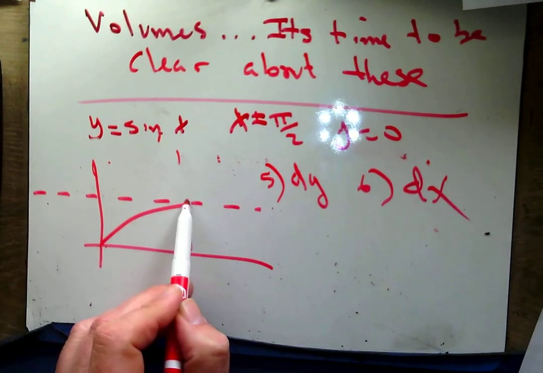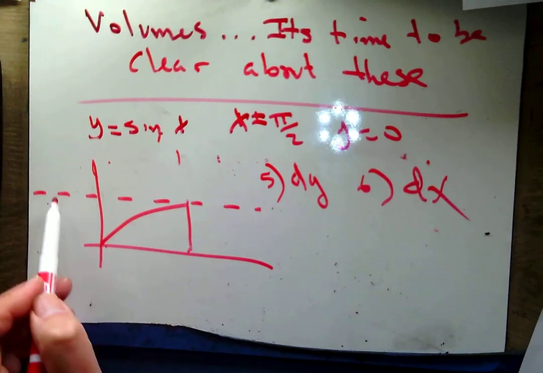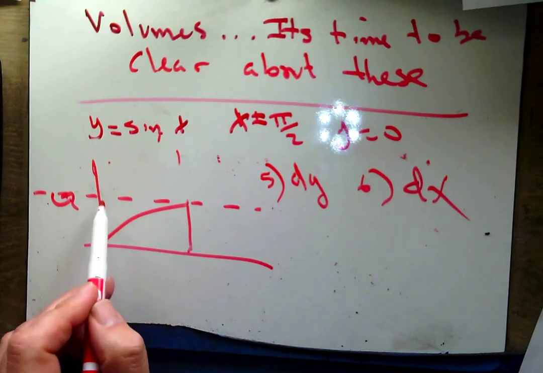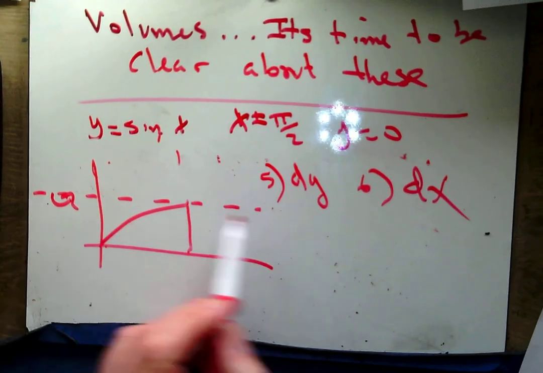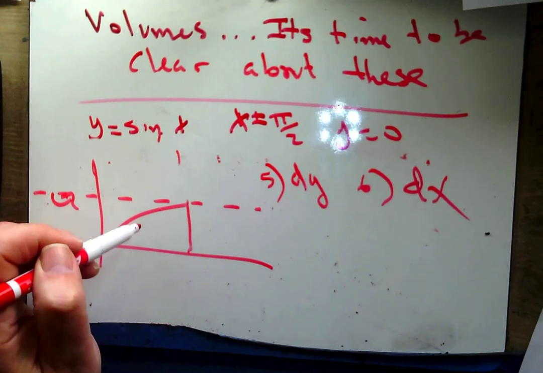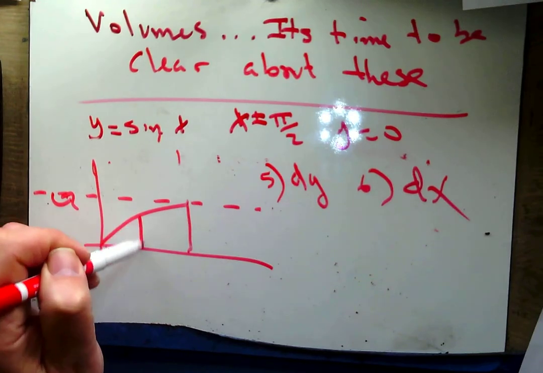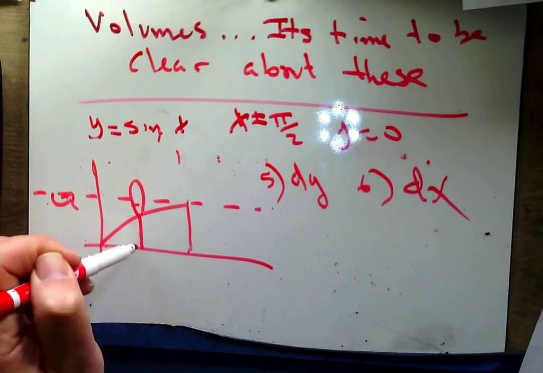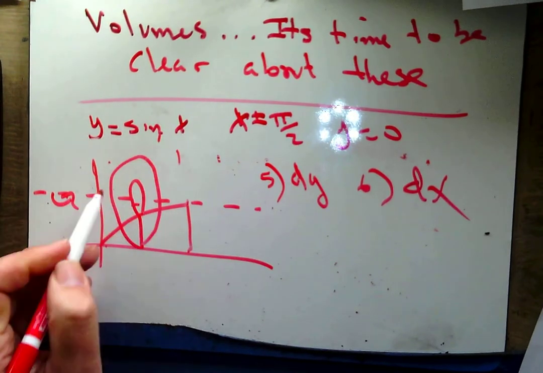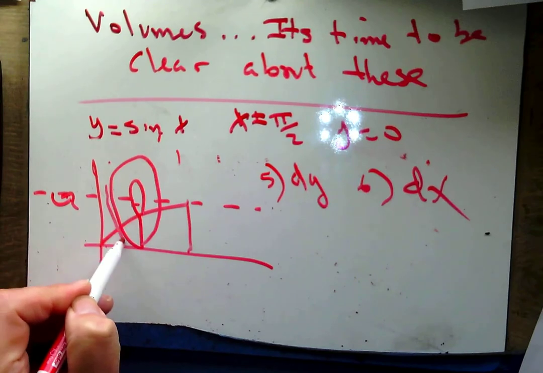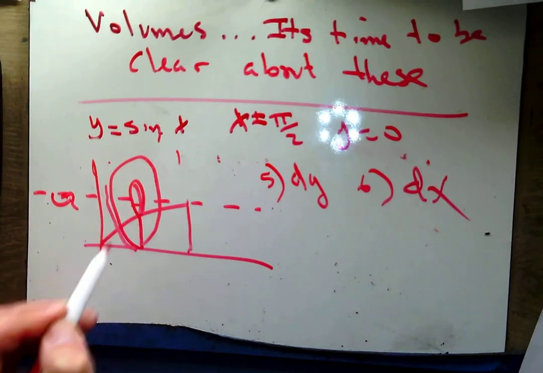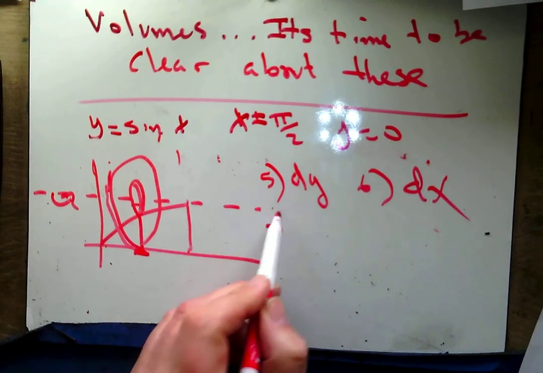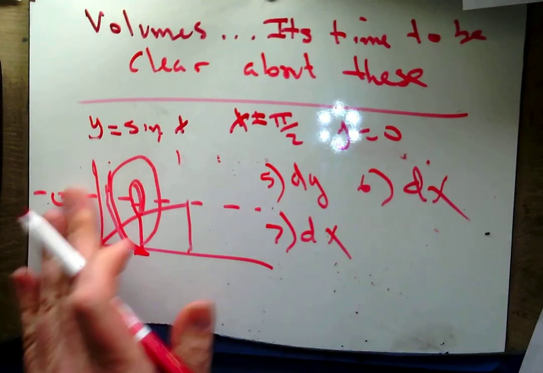It's true that the region intersects y equals 1, but we need no gap between the region and that axis of rotation. Since we have a gap, when I draw my segment that's perpendicular to the axis of rotation, I see that I'm going to have circular discs, and the thickness of those circular discs is going to be measured here along the x-axis. So 7 is a dx.